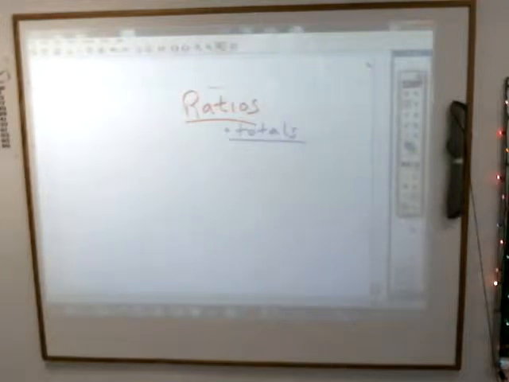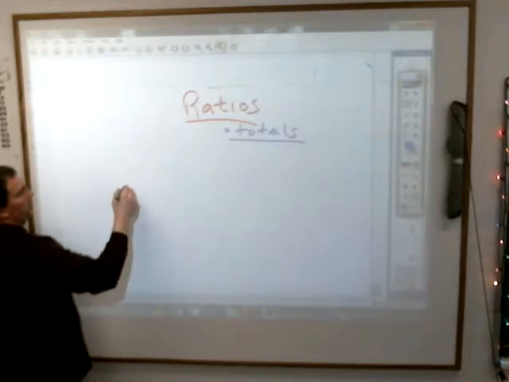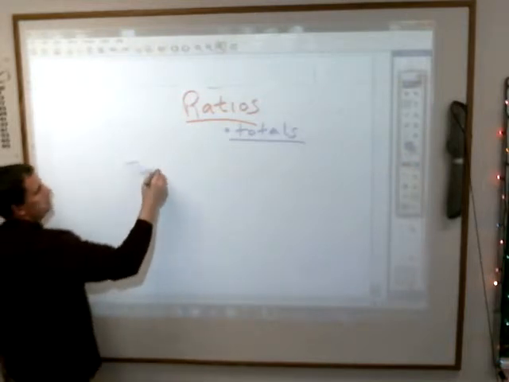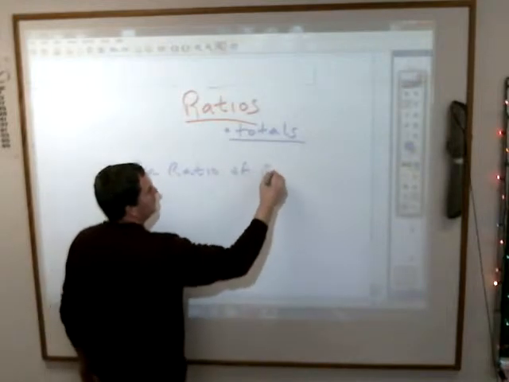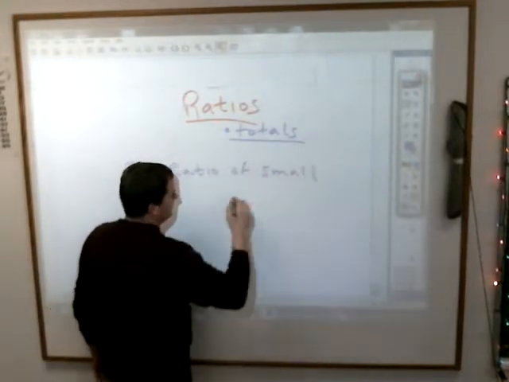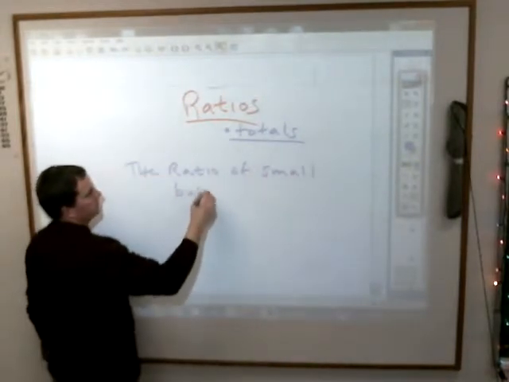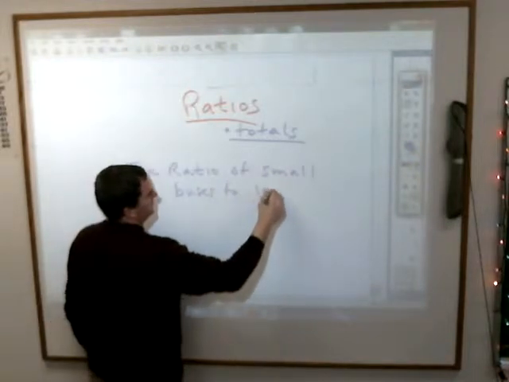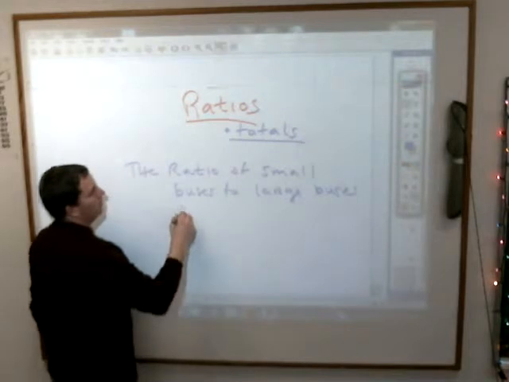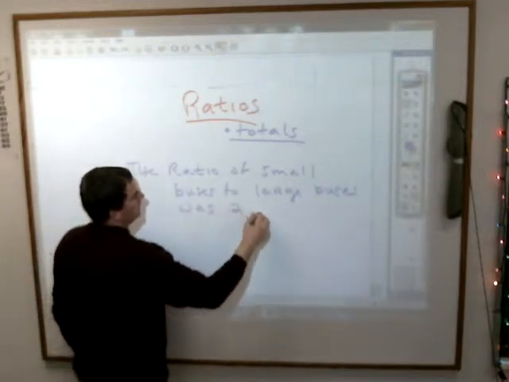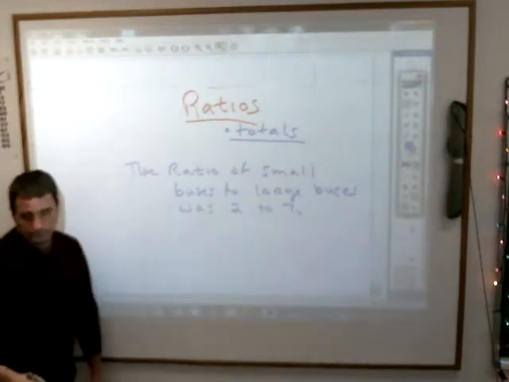A bus company has small and large buses. Let's just say the ratio of small buses to large buses was 2 to 7.